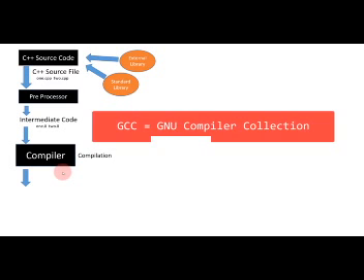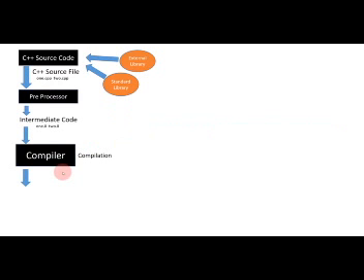GCC stands for GNU Compiler Collection. They provide a lot of compilers for different programming languages like C, Ada, Objective-C, Go, etc. They also provide a compiler for the C++ programming language. It is open source, freely available, and we will be using that in this video series.